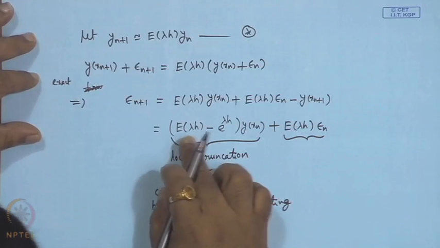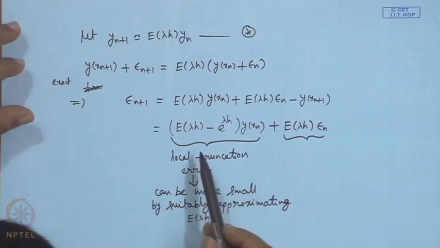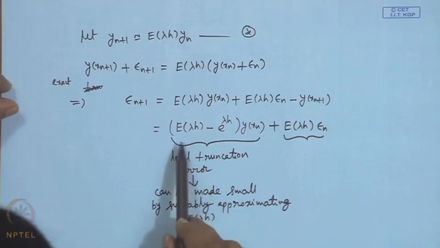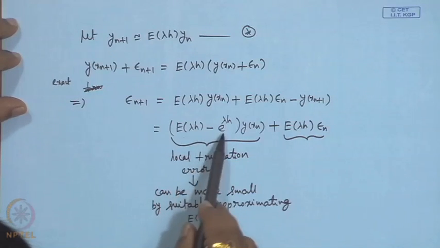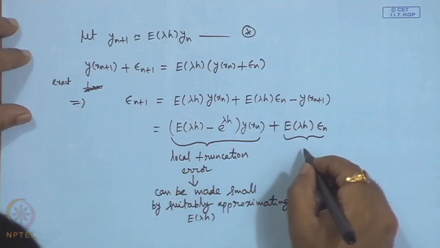You choose a better E of lambda h, it is close to e power lambda h. So, you can see Euler method is 1 plus lambda h, whereas Taylor series with more number of terms is more close to e power lambda h. So, in that sense. Then what about this?